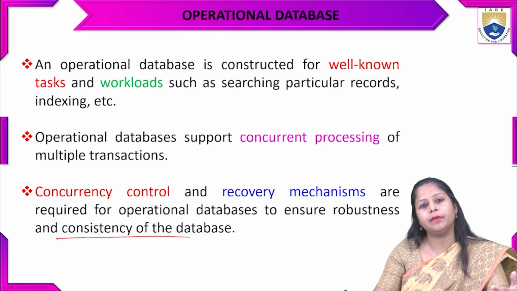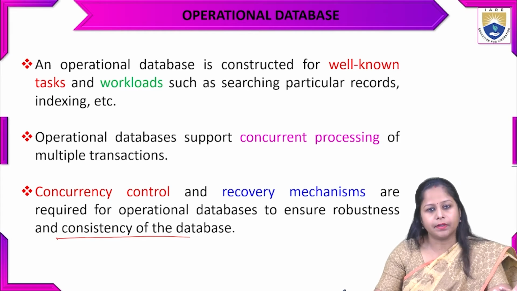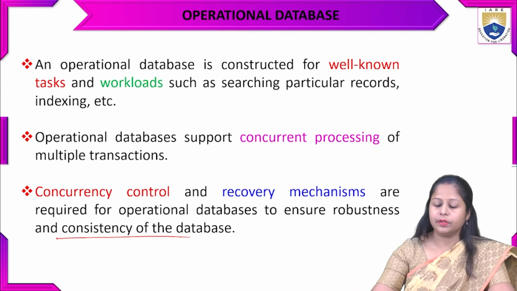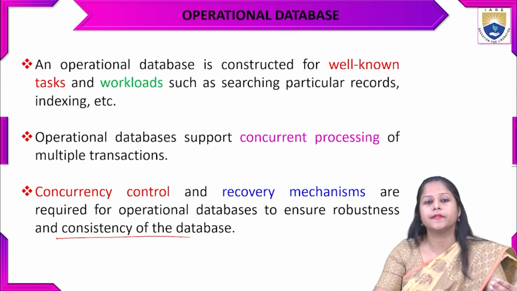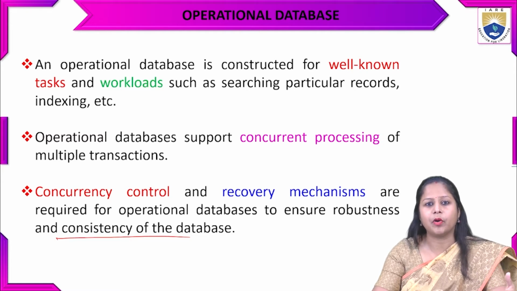So the data will be protected and secured by these two methods. That also ensures the data is safe, not corrupted, and saved properly. All of that is taken care of by these two mechanisms.